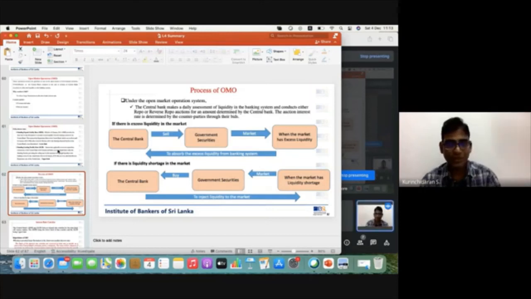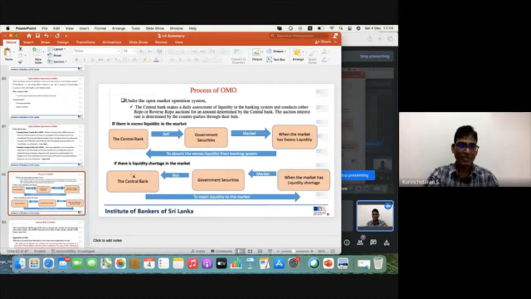Okay, so this process we also already discussed, but from a central bank perspective, you could see two instances. One is where there is excess liquidity in the market, so the central bank wants to absorb it, and then they will sell securities to the market and absorb the excess liquidity from the banking system.